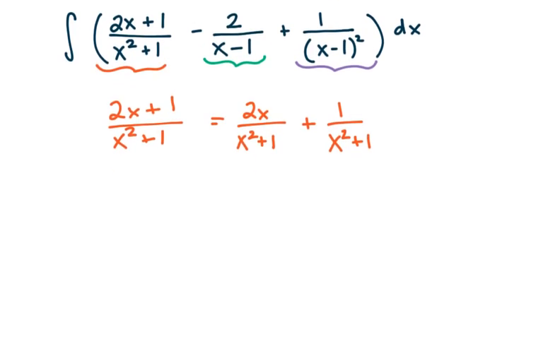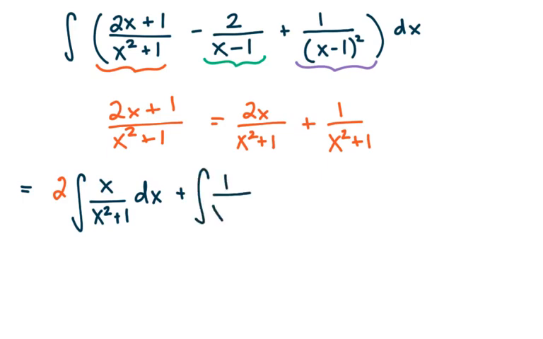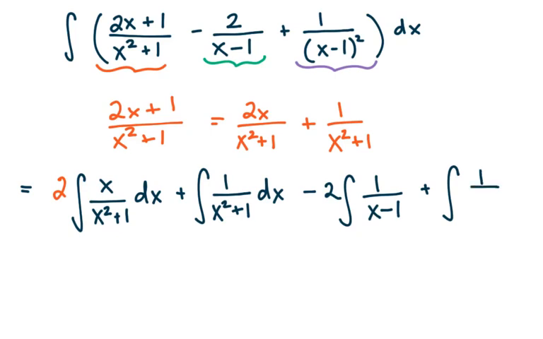So what I'm dealing with is 2 of the integral of x over x squared plus 1 dx plus the integral of 1 over x squared plus 1 dx minus 2 of the integral of 1 over x minus 1 plus the integral of 1 over x minus 1 quantity squared. And I left my little dx out there. So now we have 4 basic small rational expressions to integrate.